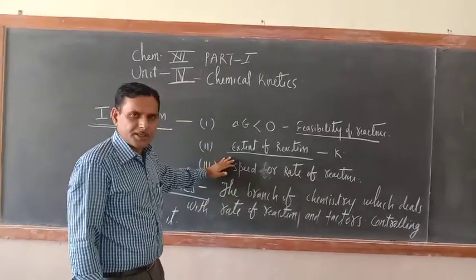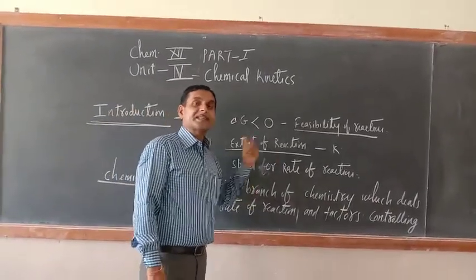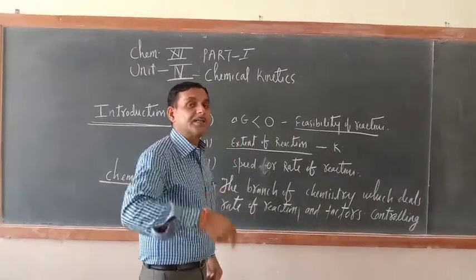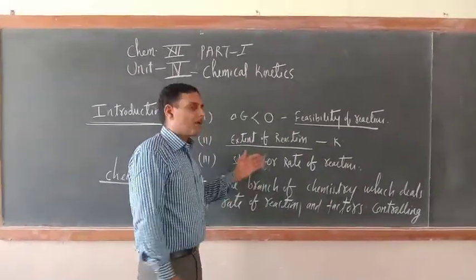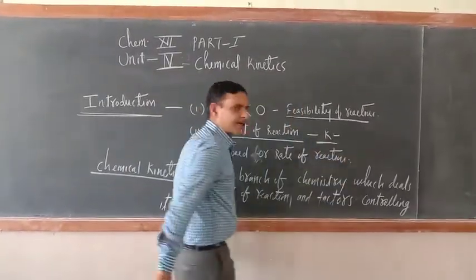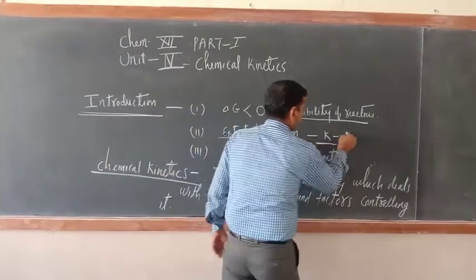Second important thing is to know about the extent of reaction. Extent of reaction means how far the reaction gets over. To know about this, we should know the value of K. What is K here? Equilibrium constant.